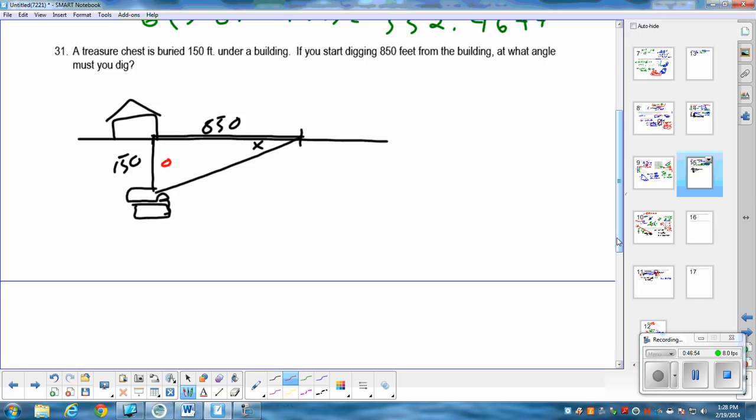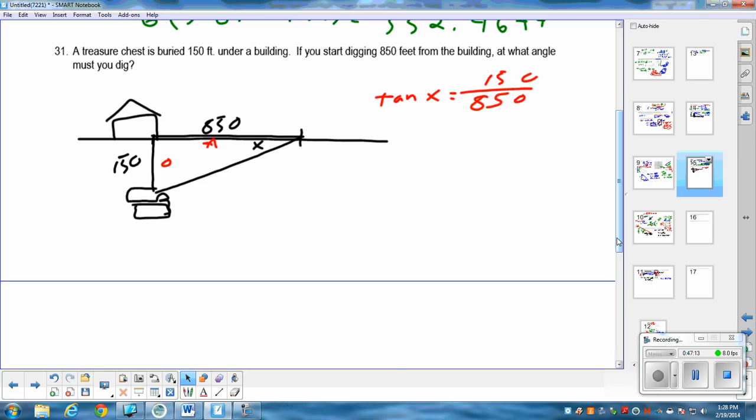We know the opposite, we know the adjacent, we are missing the angle, so we are going to use tangent of that angle equaling 150 divided by 850.